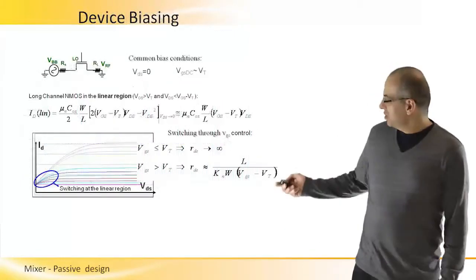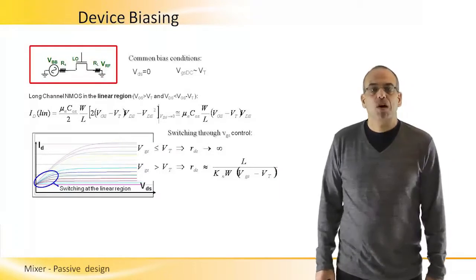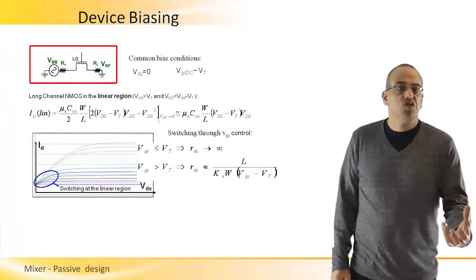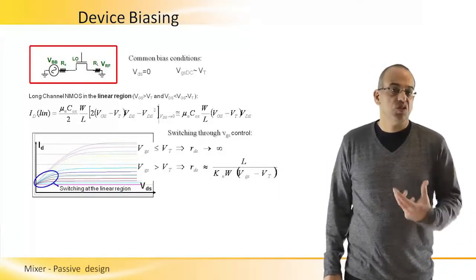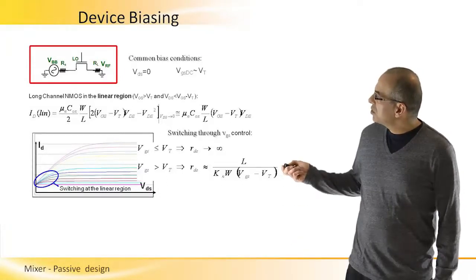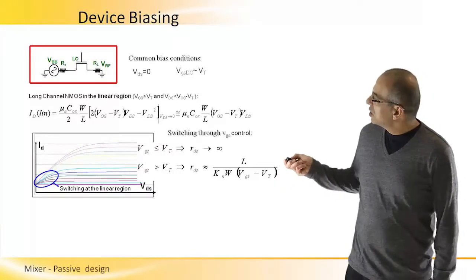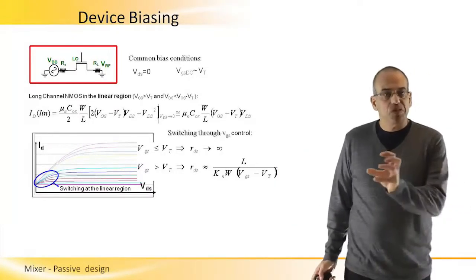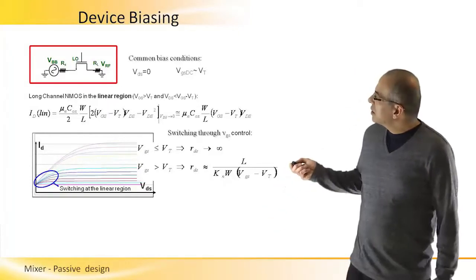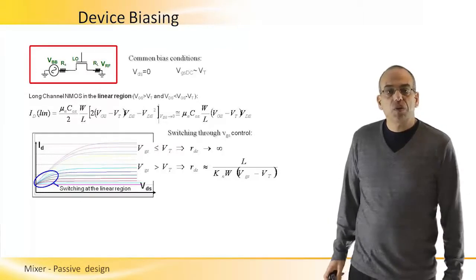In this slide, we can see the simplified schematic of an NMOS transistor being used as a switch. At the input, we have a signal noted as VBB, a baseband signal, and the output will be at RF frequency.